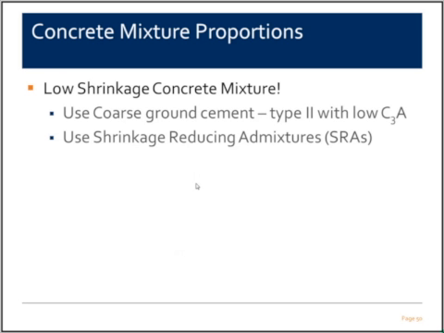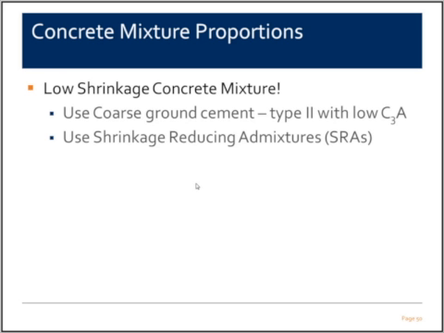Other ways we can try to lower our shrinkage potential: we can use certain cements. I'm not going to talk about this in detail, but there are certain cements we can use that will lower the amount of shrinkage of our concrete mix. And we can also use shrinkage reducing admixtures. They're fairly new to the market. They've probably been around 15 years or so.